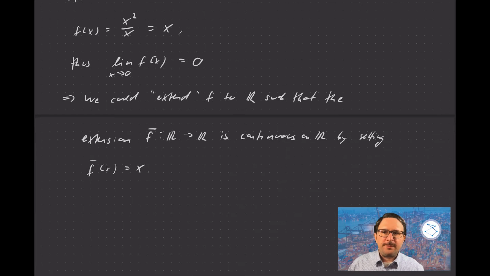And then that function would be the same as the original function f on all points except x equals 0. And for x equals 0, it would be continuous.